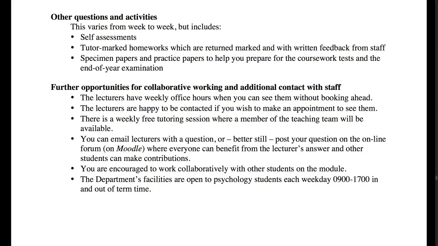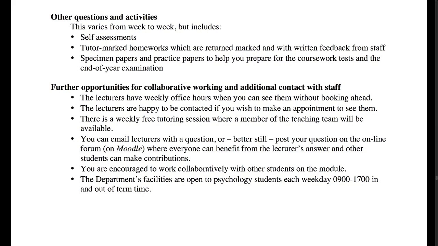So we do encourage you to work with others and to take up as many of these opportunities as you can for working together. The computing facilities that you need are widely available across campus. So this computer package, SPSS, that we teach you, it's on many machines around campus, and including on all of the dozens of machines that you have access to in the psychology department.